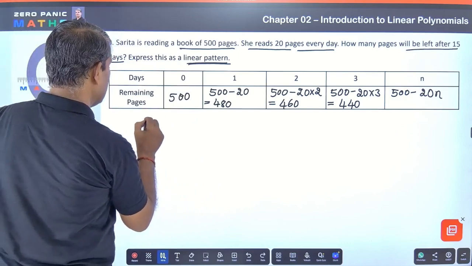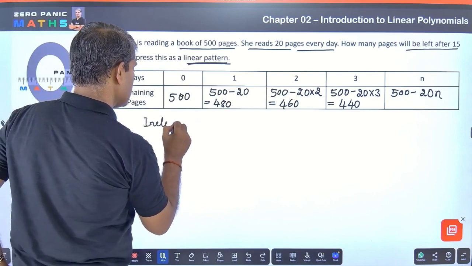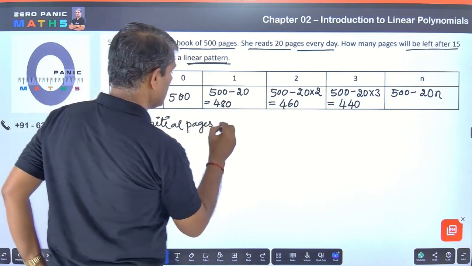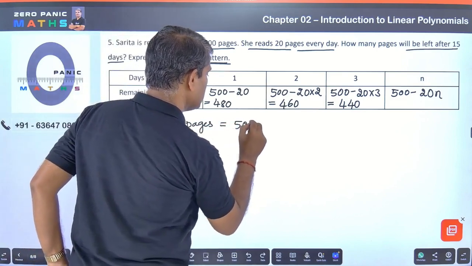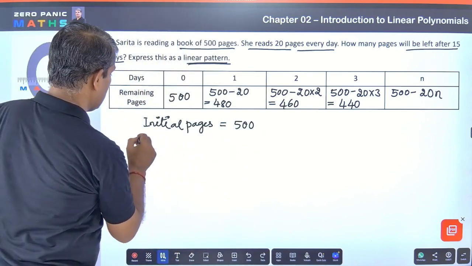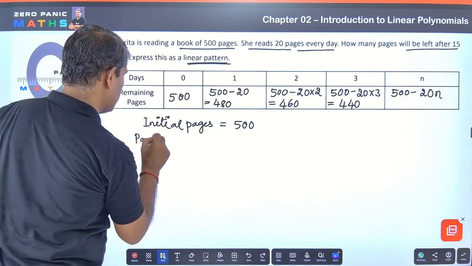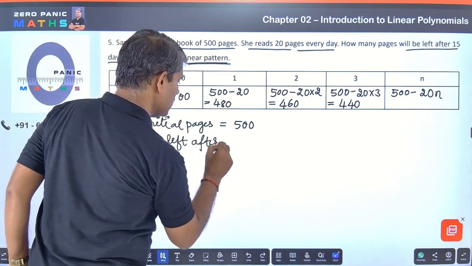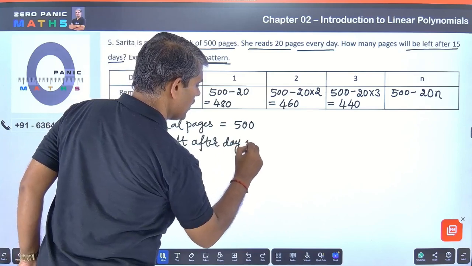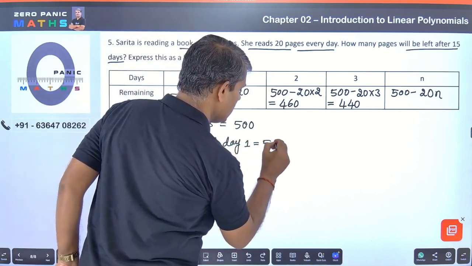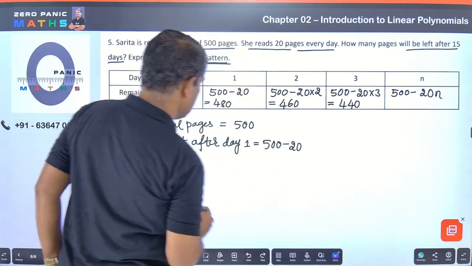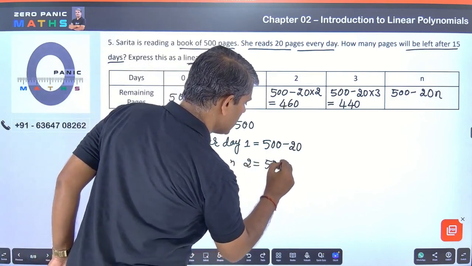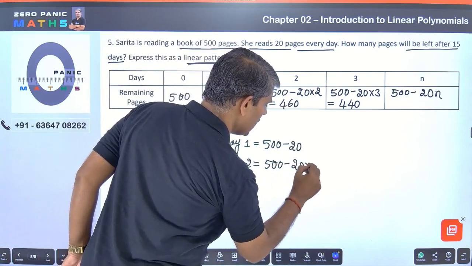Initial pages in the book is 500. Pages left after day 1 is 500 minus 20. Similarly, pages after day 2 is 500 minus 20 into 2.